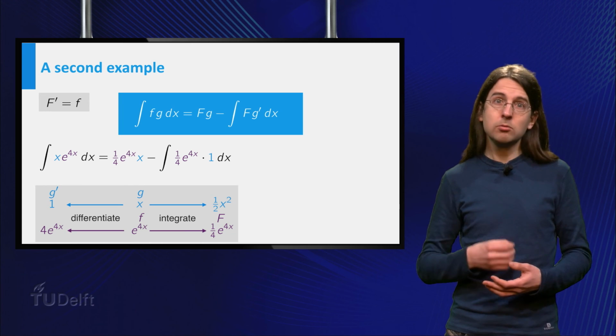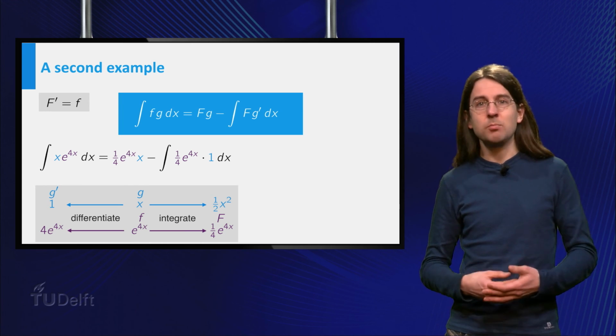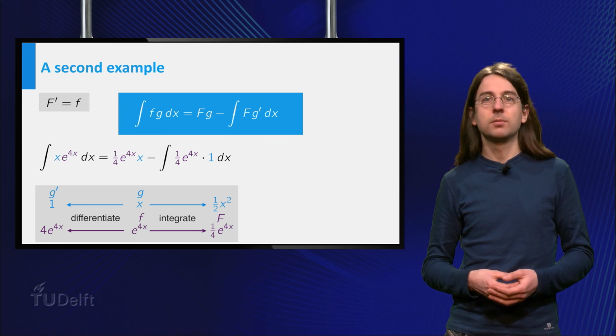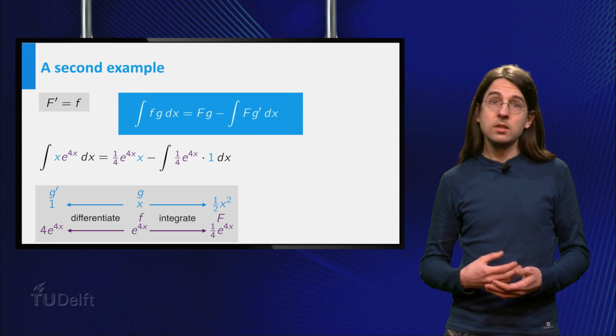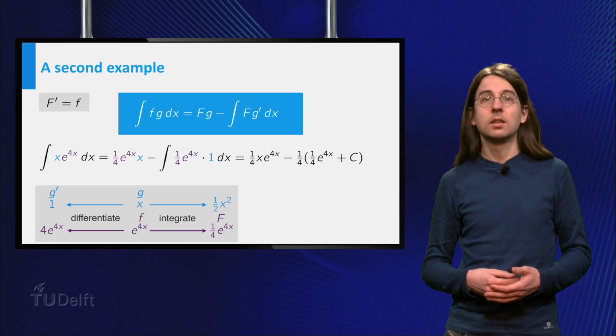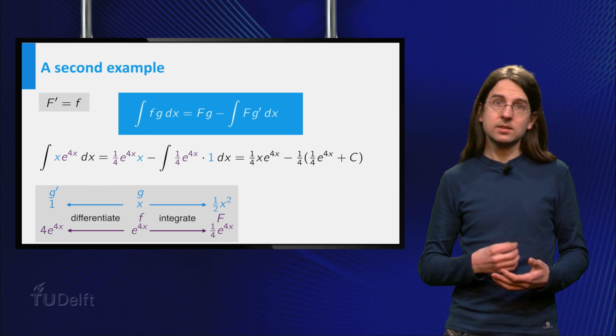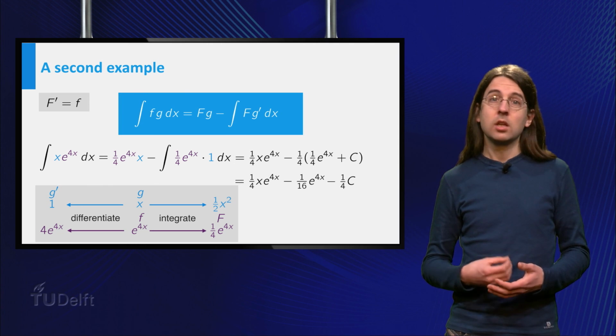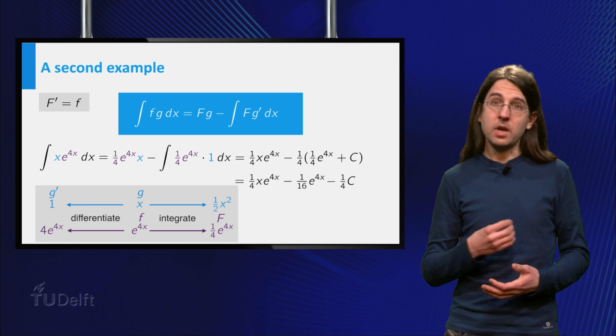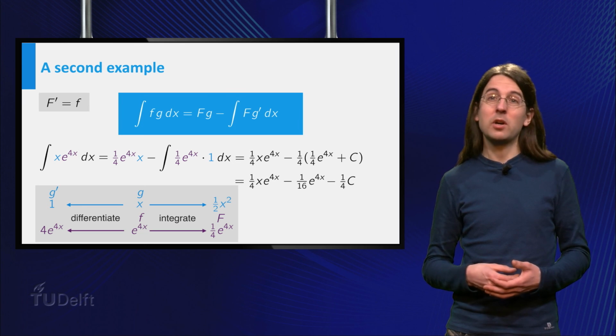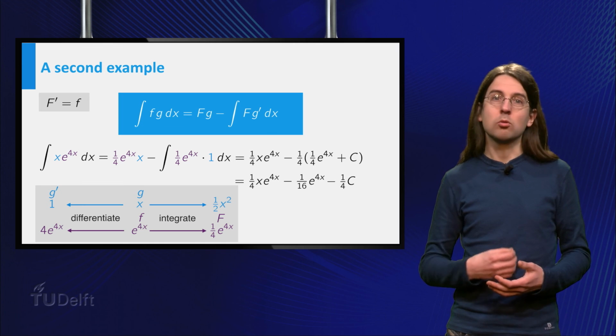The new integral we need to calculate is simpler than the one we started with. Indeed, we have that the integral of e to the power 4x equals 1/4 e to the power 4x plus a constant. So our final result is that the integral of x times e to the power 4x equals 1/4 x e to the power 4x minus 1/16 e to the power 4x minus 1/4 c.